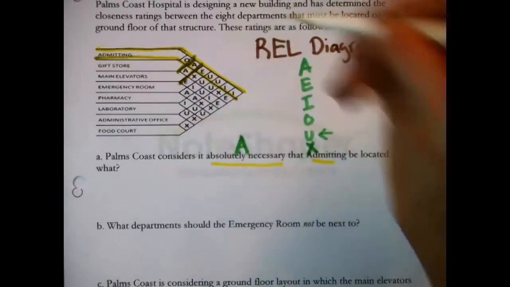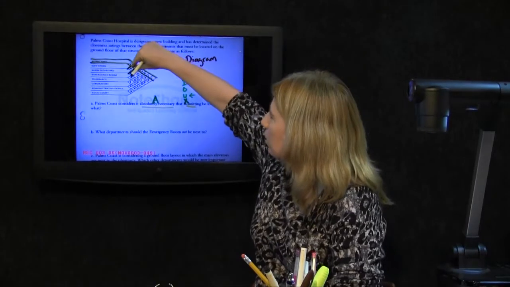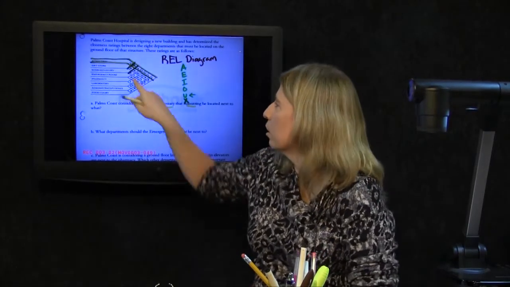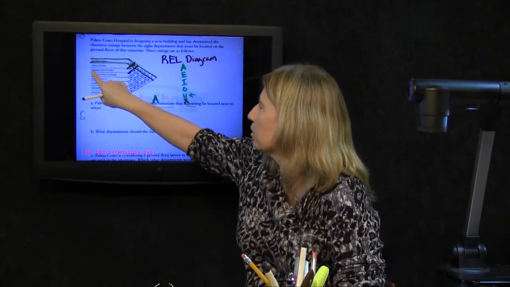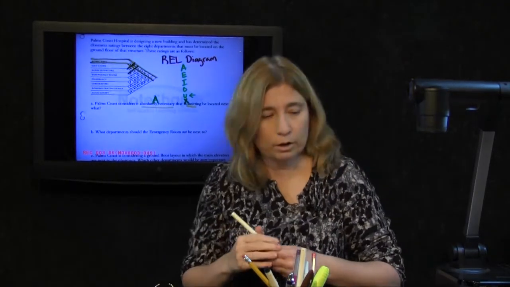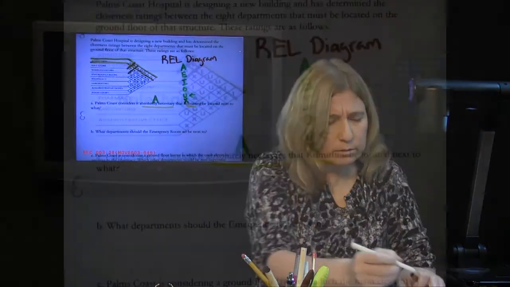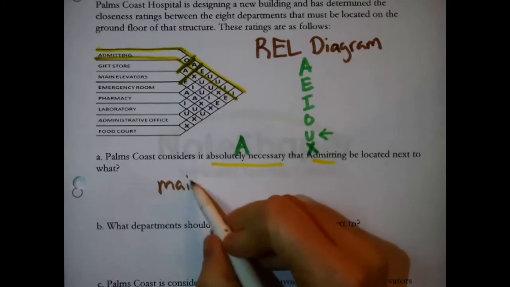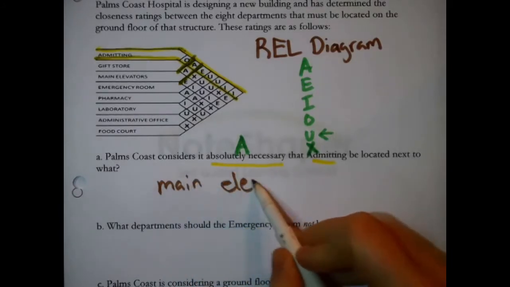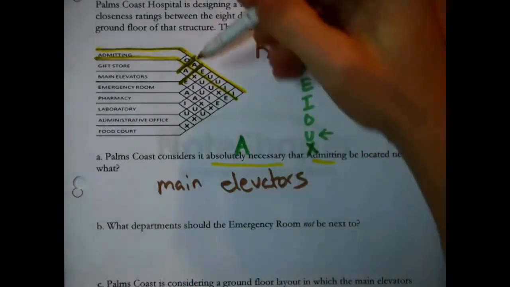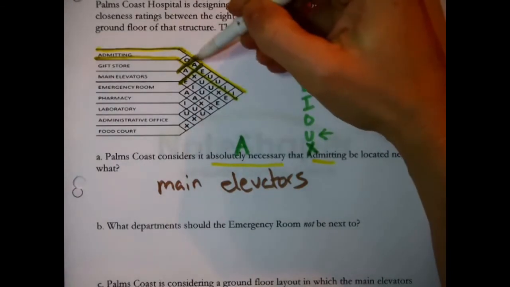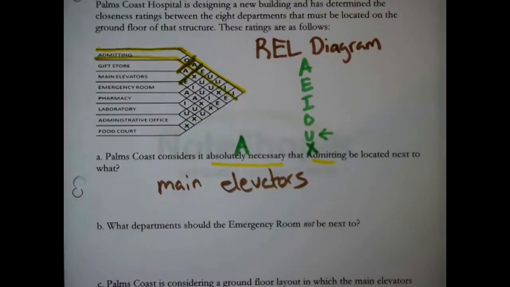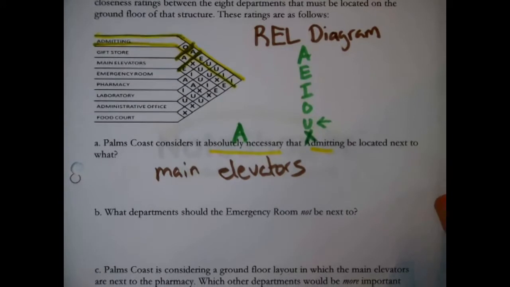Who is it attached to? The lines on both sides, and you see, main elevator. That's the answer. So it is the main elevators, and only the main elevators, because I don't see any other A's along this row, that Palms Coast considers absolutely necessary to be next to admitting.